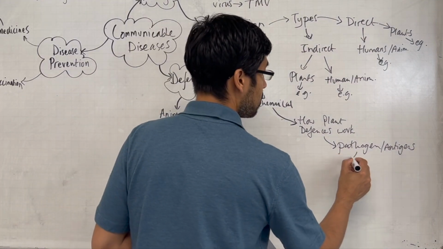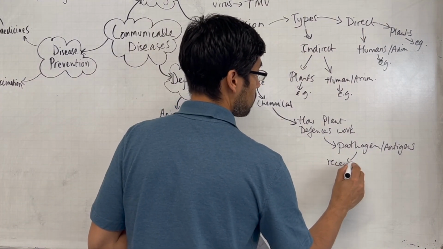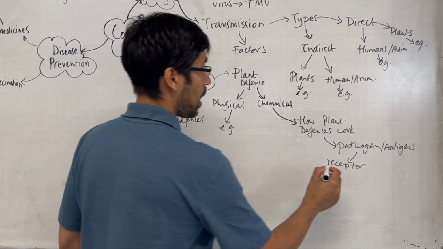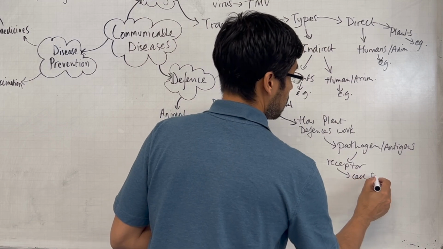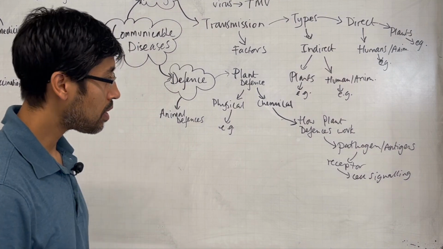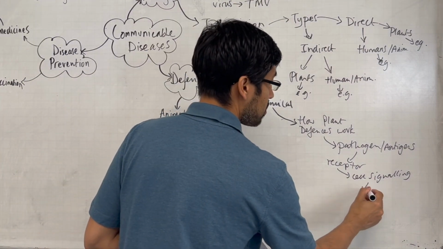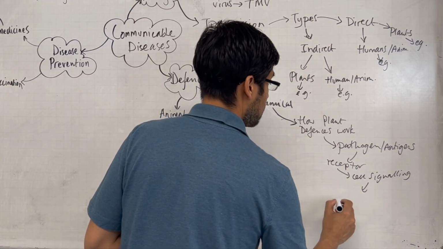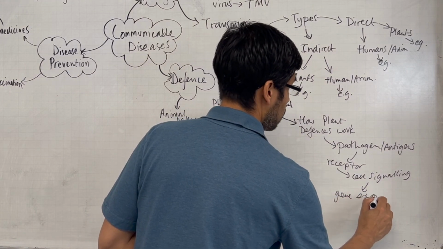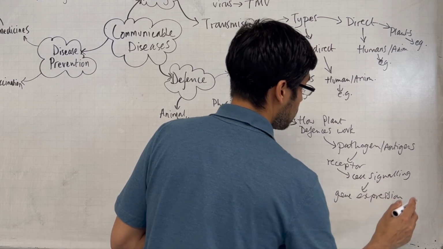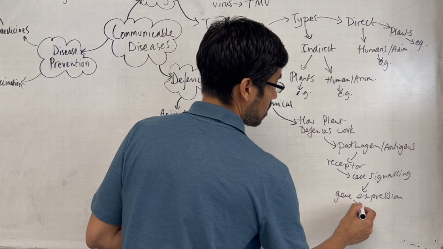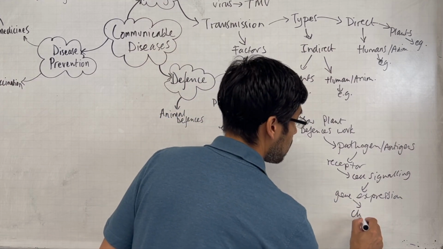And these antigens, they might bind to some kind of cell surface receptor protein, and that causes cell signaling, and the cell signaling results in changes in gene expression, certain genes being switched on, certain genes being switched off, end result being gene expression changes causes certain chemicals to be produced.